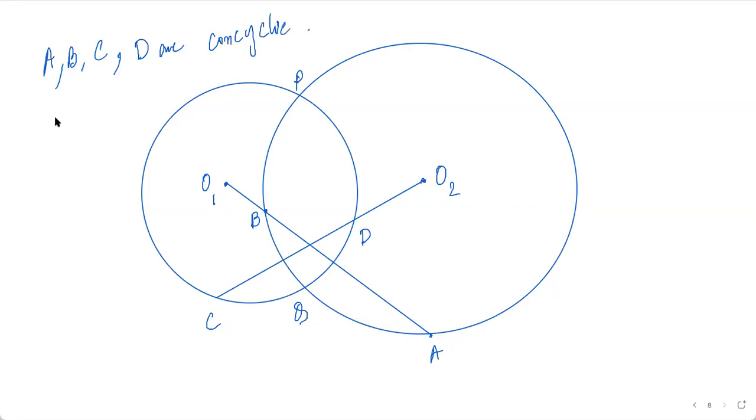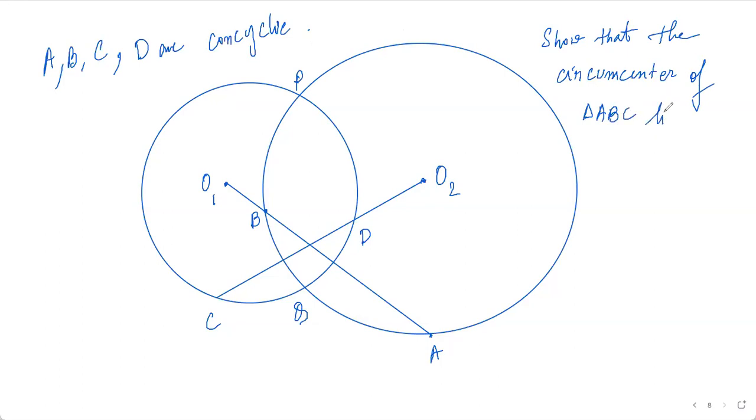All you have to show is that the circumcenter of triangle ABC lies on the line PQ. Is the problem clear?